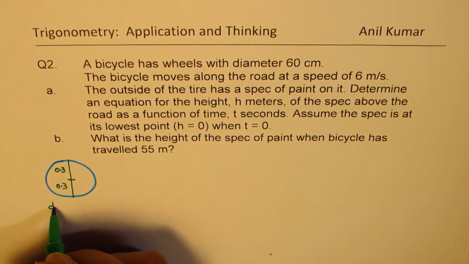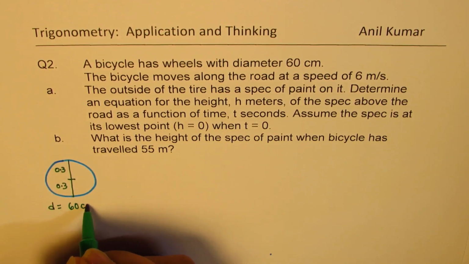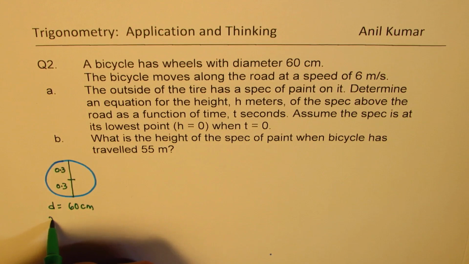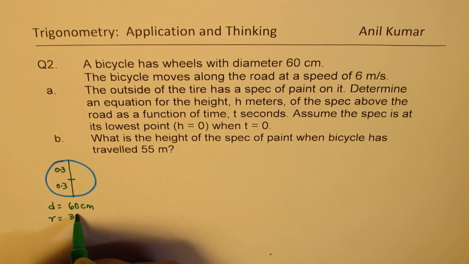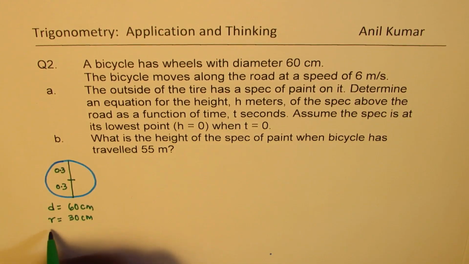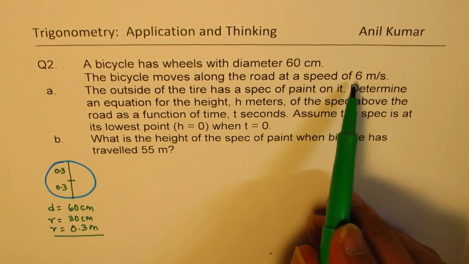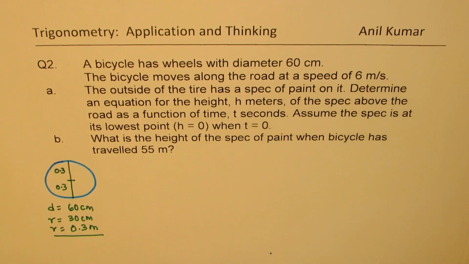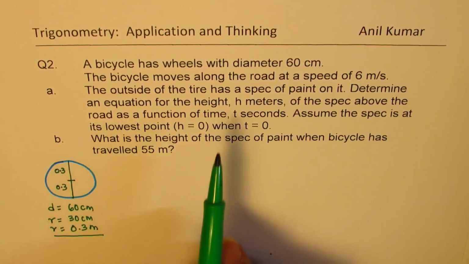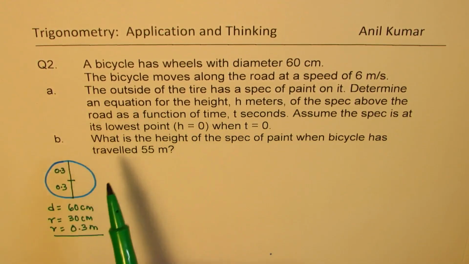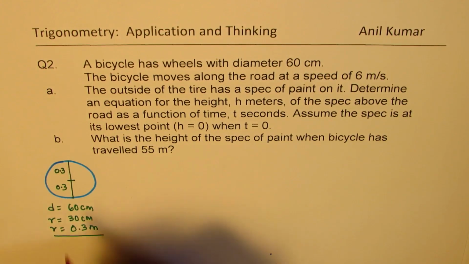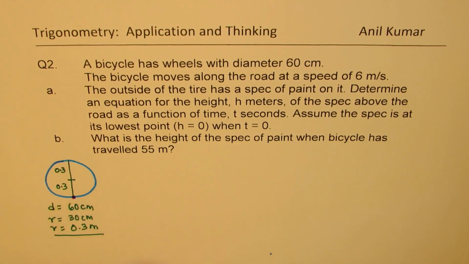So we know that the diameter is 60 centimeter, which means radius is 30 centimeter, or we can say radius is 0.3 meters. So it's important to convert the units to meters, since we have speed in meters per second, right?